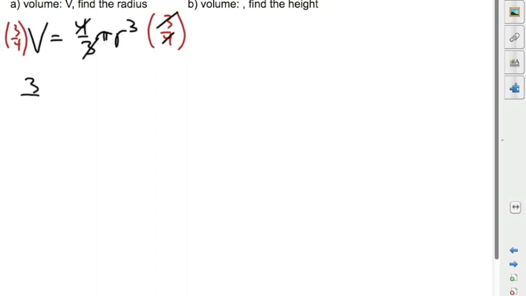Now I'm left with 3/4 V equals pi r cubed. Divide both sides by pi. Pi is just a number. It's not a variable, it's just a number. So that's something we need to remember. So we divide both sides by pi, and we get 3V over 4 pi equals r cubed.